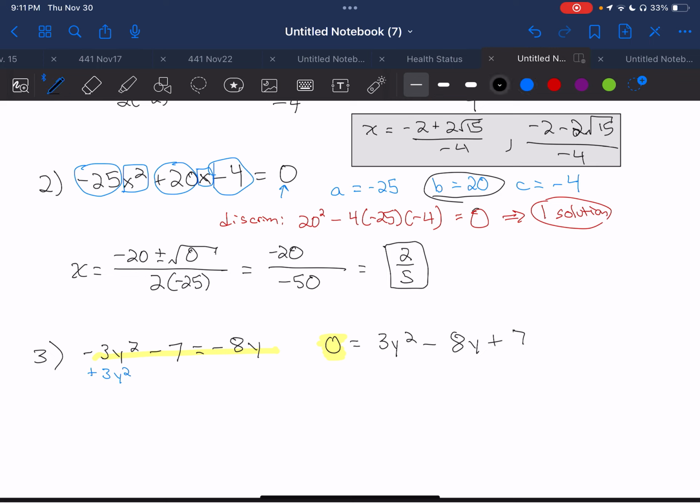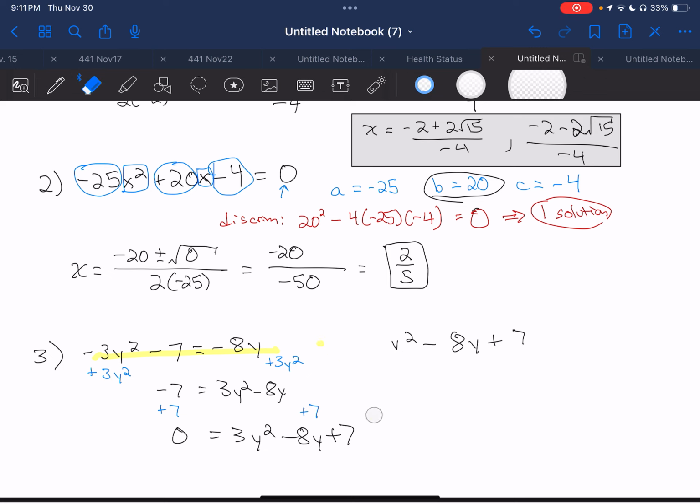So that would give me negative 7 equals 3y squared minus 8y. And then I would add 7 to both sides. Add 7 to both sides, and we get 0 equals 3y squared minus 8y plus 7. This is how I got over to here. I'm going to go ahead and erase this now. Let's just keep working from there.